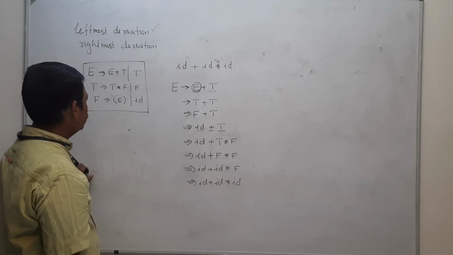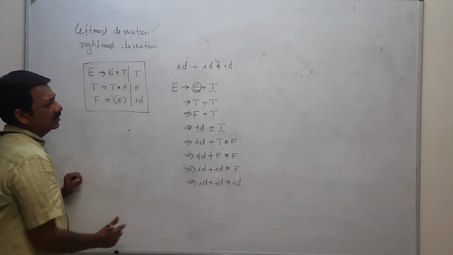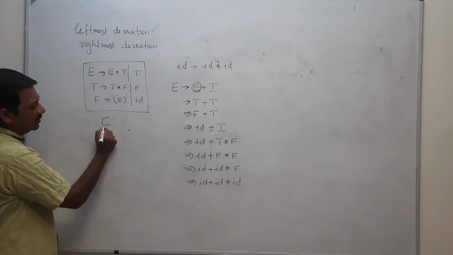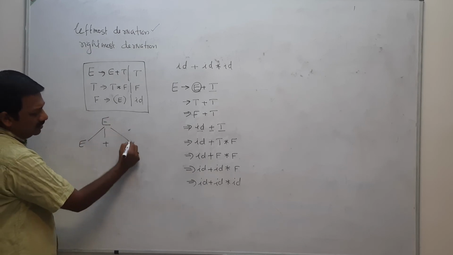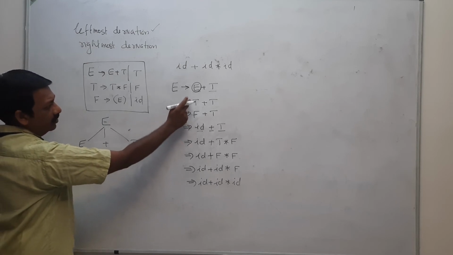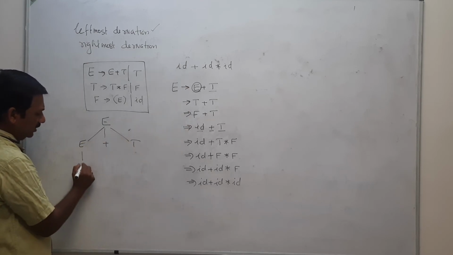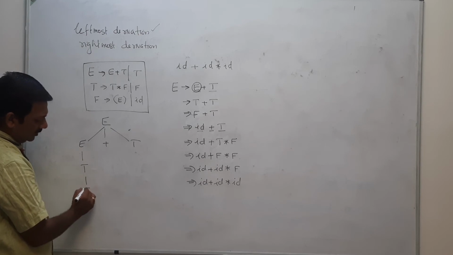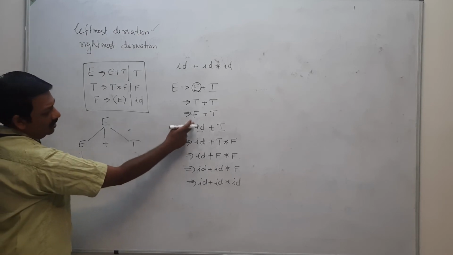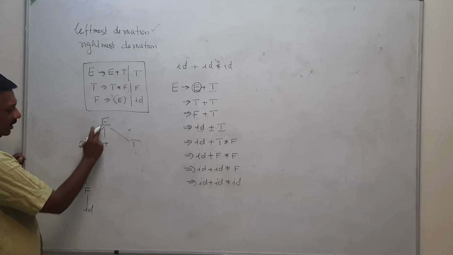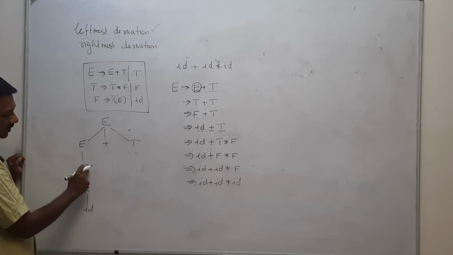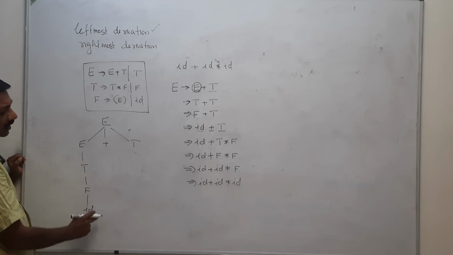And I am going to generate a parse tree for this. That means E derives E plus T, and now this E is replaced with T, T is replaced with F, and F is replaced with id.